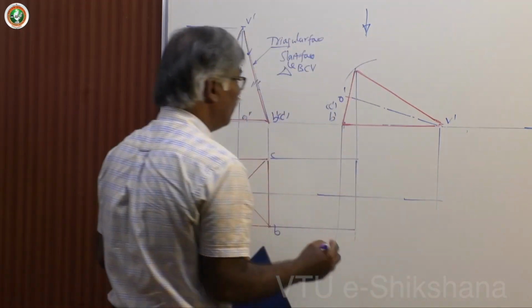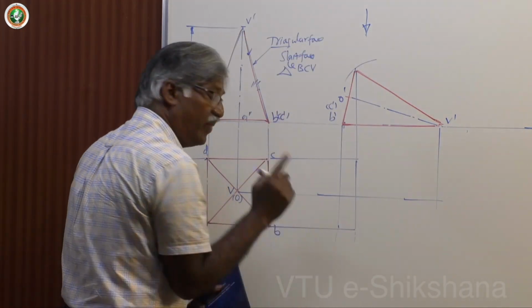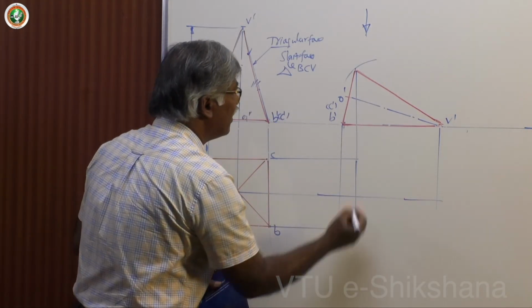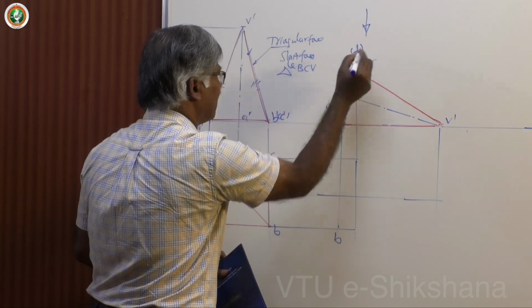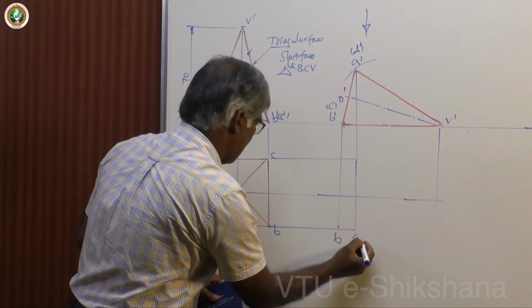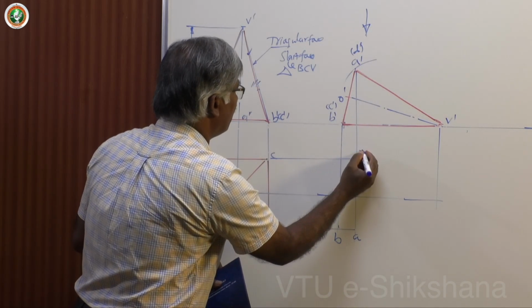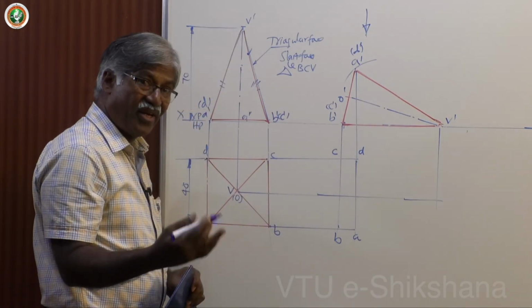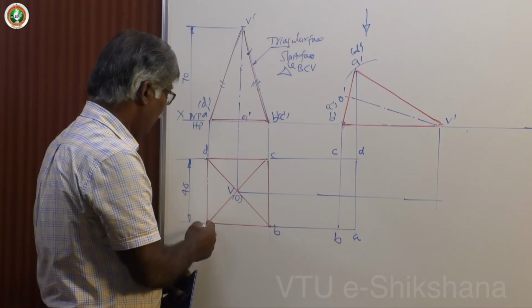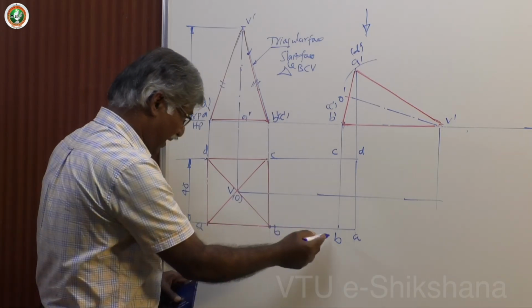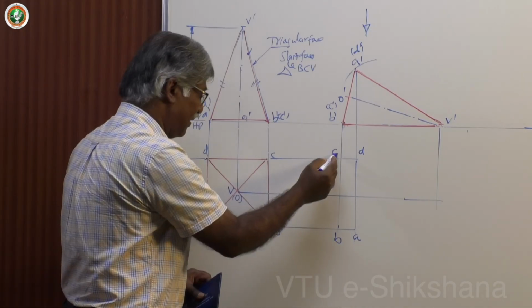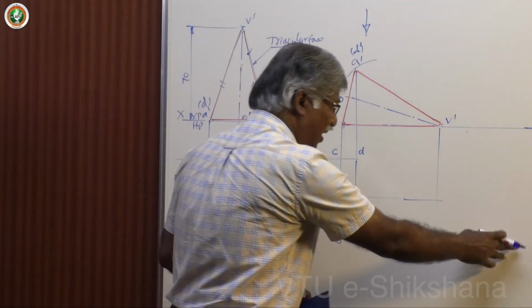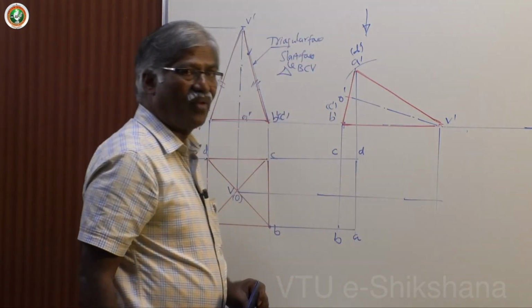Now, be careful, this is to be named B, this is A dash D dash, this is A, this one is D, this one is C. Many times we look at this and then write AB and DC, then the figure looks the same, but the final figure, the final print, will go wrong.